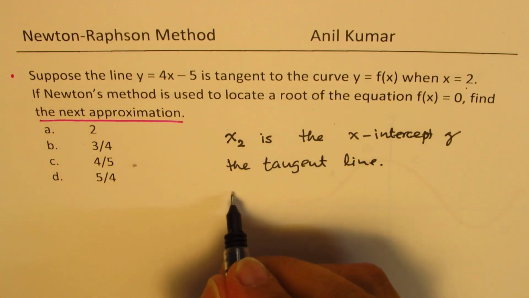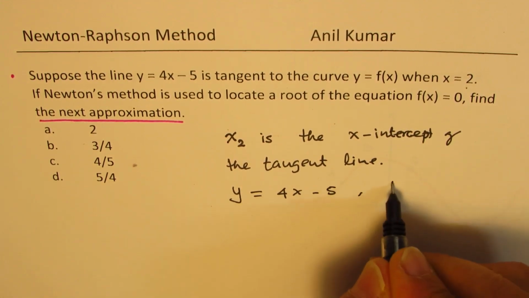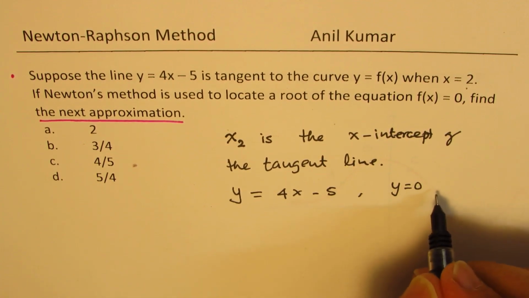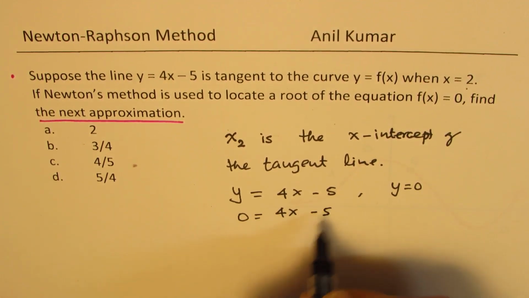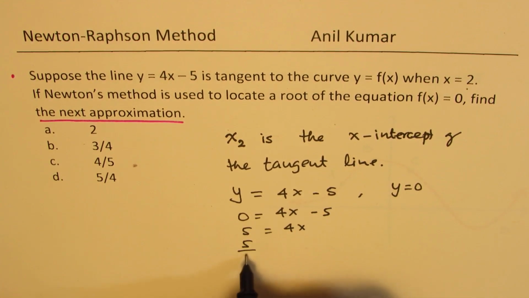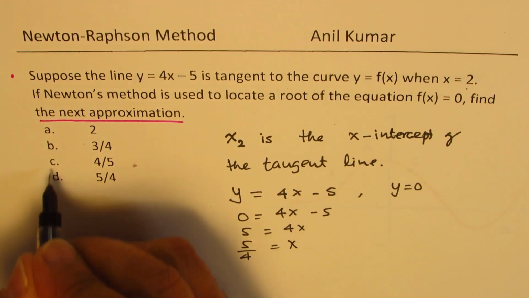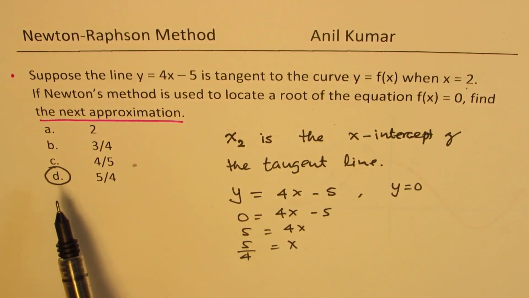Clear? Now since we are given the equation y equals 4x minus 5, for y equals 0, let's find the x-intercept. We get 0 equals 4x minus 5, or 5 equals 4x, or 5 over 4 is equal to x. So option D is the right option. Is that clear to you, right?